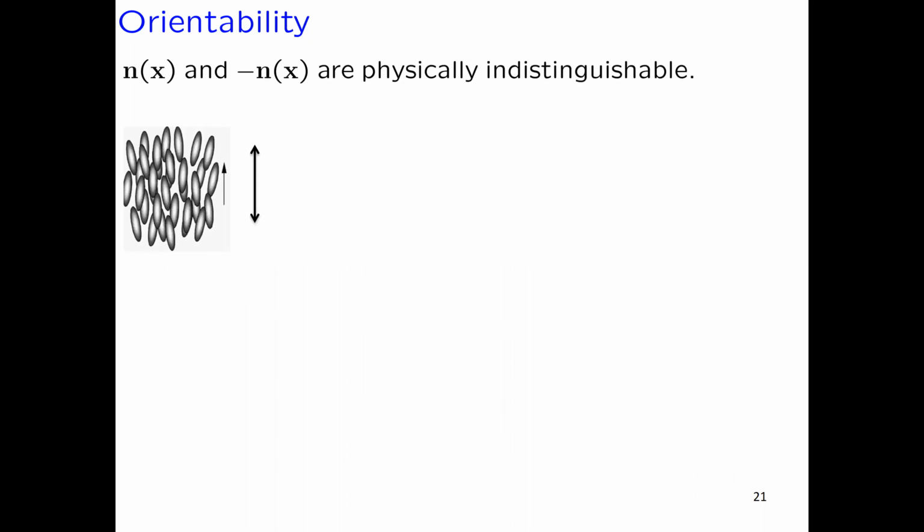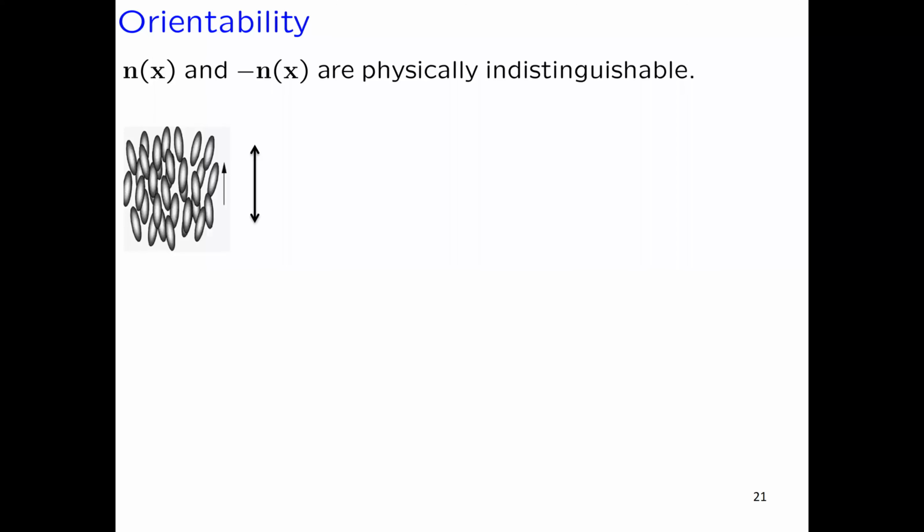Okay, now here's the thing that first got me interested in liquid crystals. At least for many nematics, n of x and minus n of x are physically indistinguishable. Now it may be that for individual molecules you can tell one end from the other end.